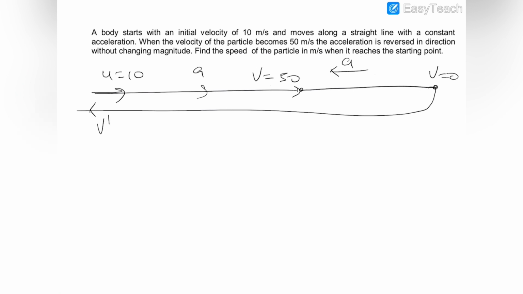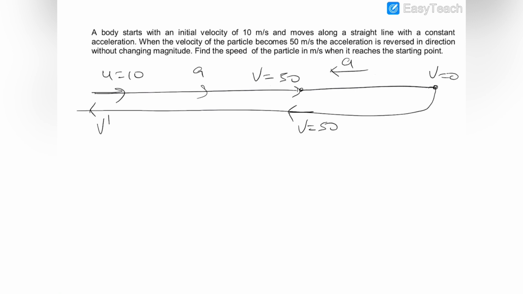Now first of all, let us see that if this body is under the effect of this constant retardation in this motion, then we can say that at this point the velocity of the body will be, or the speed would be 50, but the direction would be reversed.